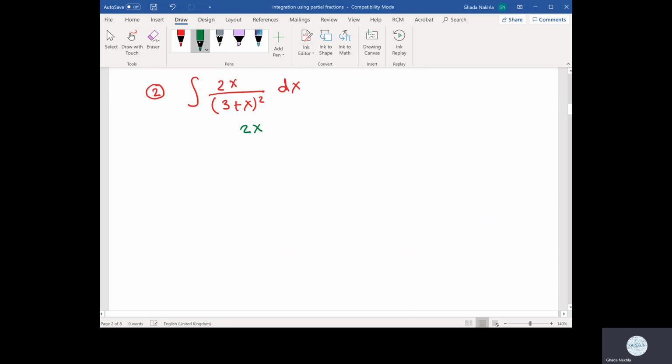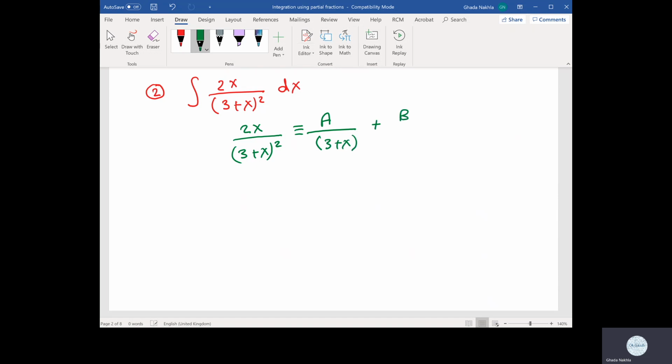So I'm going to say 2x divided by 3 plus x all squared is equivalent to a over 3 plus x plus b over 3 plus x all squared.